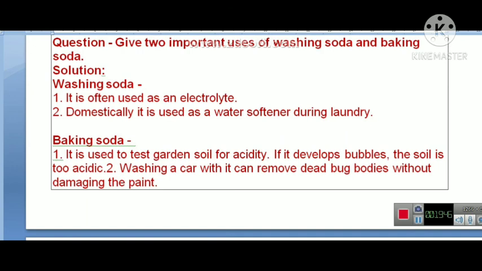Washing a car with baking soda can remove dead bug bodies without damaging the paint, so the paint or color of the car remains as it is. Thus, these are the everyday life uses of baking soda, and baking soda is also used for baking products.